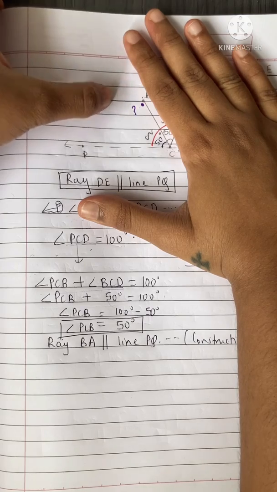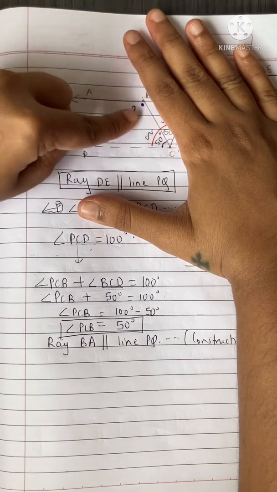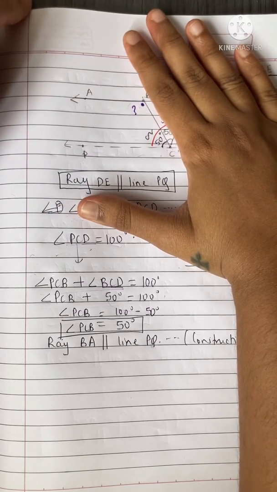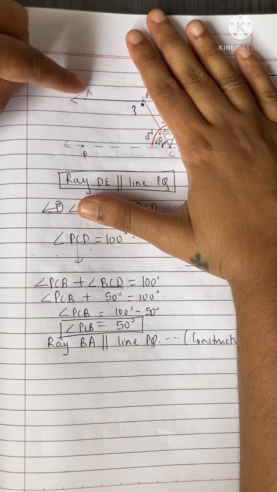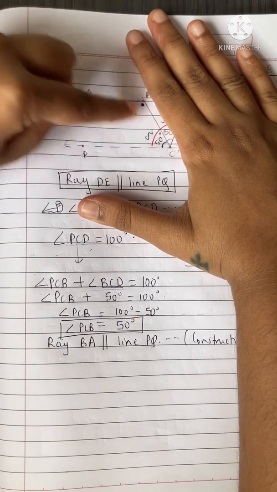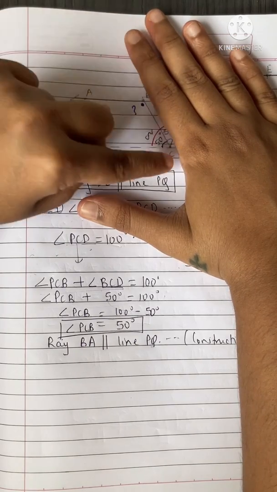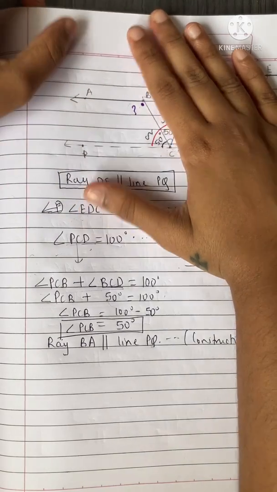And in parallel lines, what is the property of interior angles? Interior angles are always supplementary. That means the sum of both these angles will be equal to 180 degree. So we are going to write down the sum of these two angles. So the sum of these two angles, ABC, that means this purple color dot angle, plus angle PCB, that means this 50 degree angle, will be equal to 180 degree.